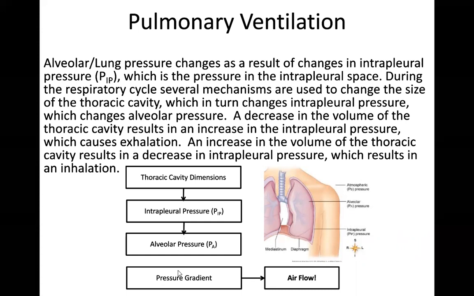So what I've kind of done is just shown you here the three things involved resulting in airflow. So let's say thoracic cavity dimensions go down. So if the dimensions go down, volume goes down. Volume goes down, what happens to the pressure in our intrapleural space?